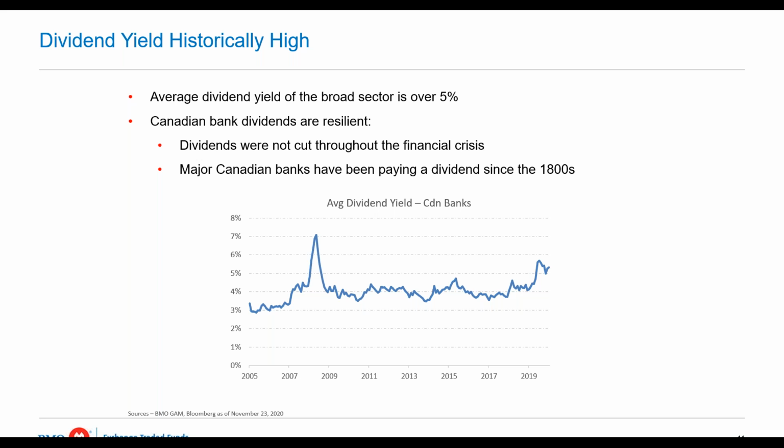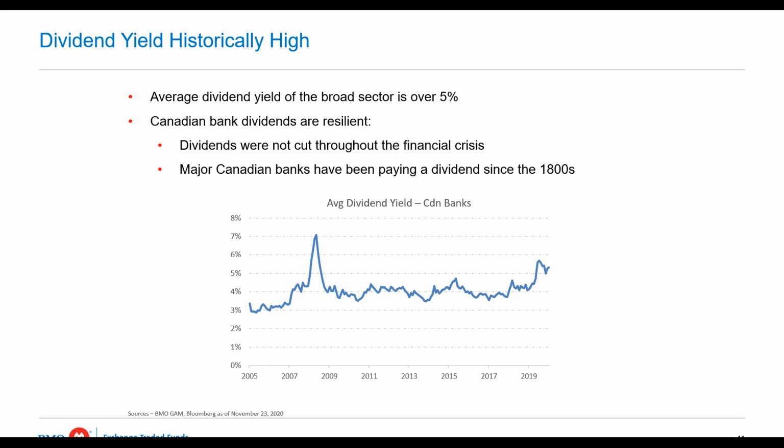And as you can see by this chart, there really haven't been many times in the last 15, 20 years, you can even go back much further than this chart, to a point where the Canadian banks on average were yielding over 5% on a dividend basis. We can see obviously one time back in '08, '09 when the yield spiked higher than that. And if you had bought at that time, you'd be doing very, very well right now.